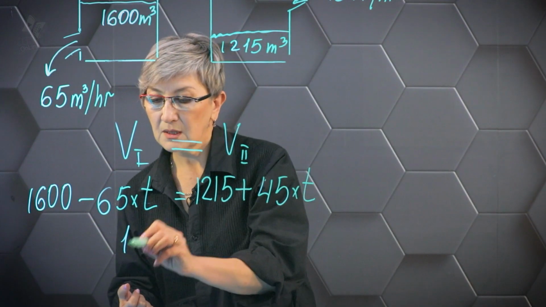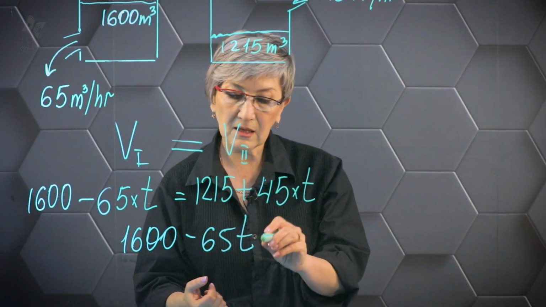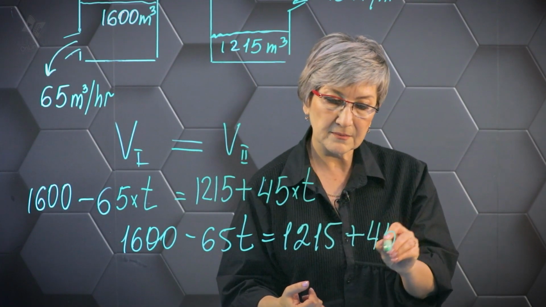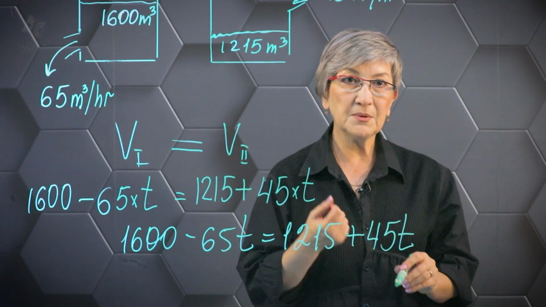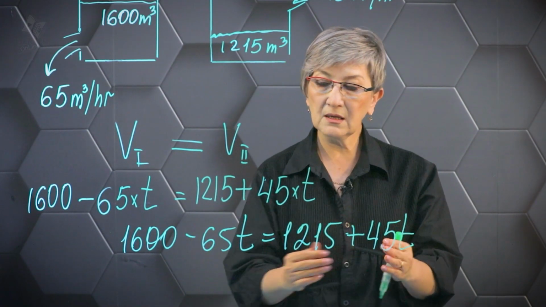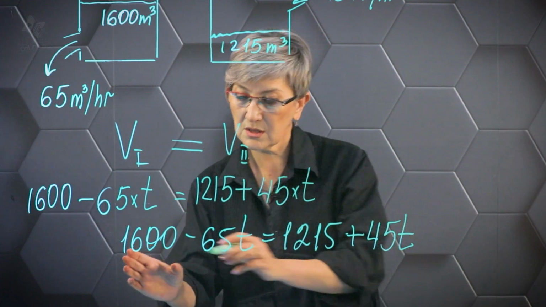Let's rewrite it. 1,600 minus 65t equals 1,215 plus 45t. And now we apply the algorithm to solve equations. We collect the variables in one part and the numbers in the other part. What am I going to do?